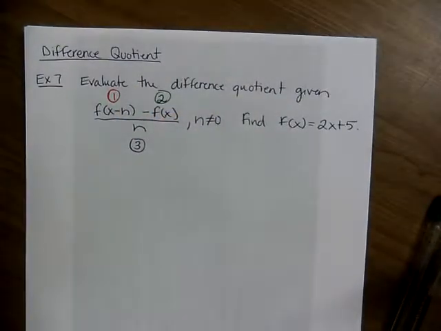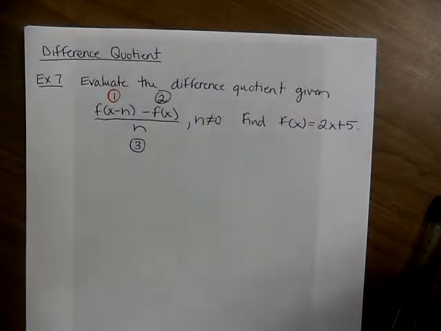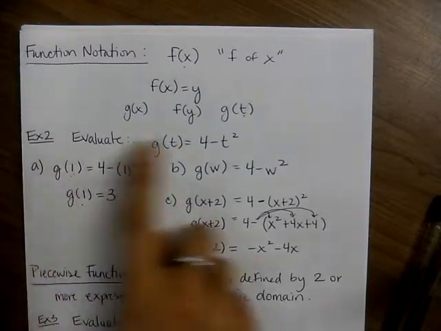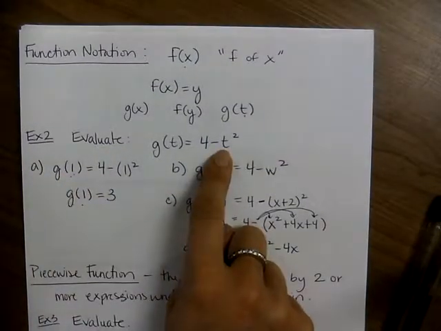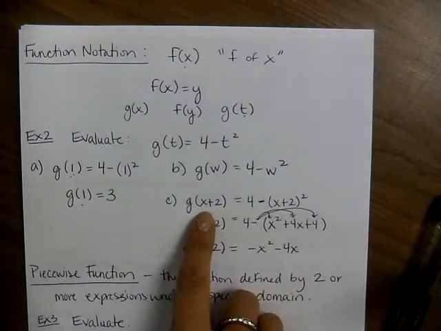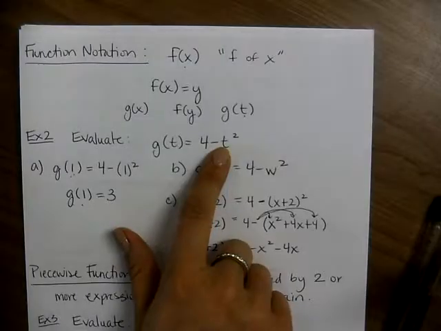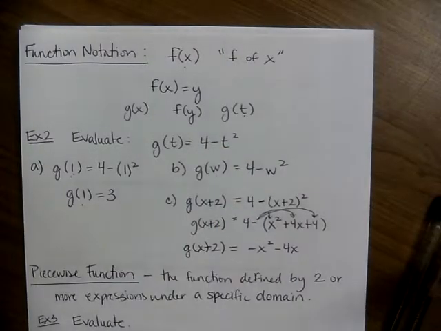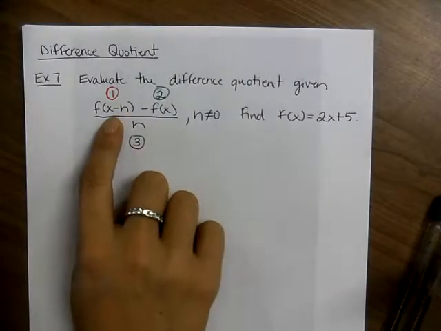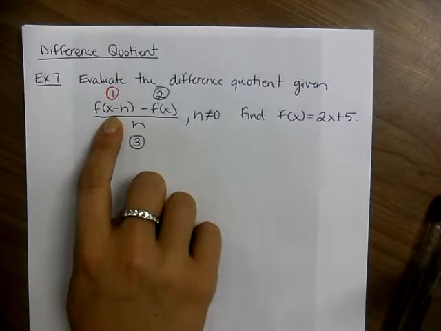So what this is saying, think about what we just talked about. When we were evaluating in example 2, and I saw g of 1, I took 1 and I plugged it in everywhere I saw a t. And when we saw g of x plus 2, I took x plus 2 and I plugged it in everywhere I saw a t. You with me? Now this is telling you find f of x minus h.